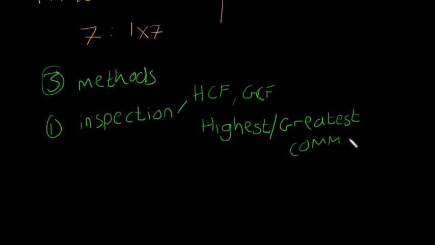That's just a fancy way of saying you're looking for the highest number that's a factor of both of them. Again, this is best explained as an example, so we'll go straight to an example.